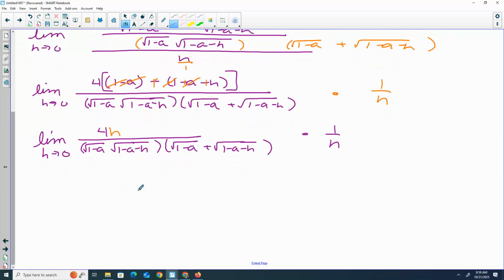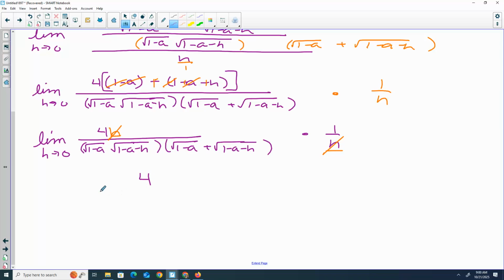Now what happens? Almost, except this gives me a 0 on the bottom. And h on top and bottom. Those cancel. Now we can plug in our h finally.